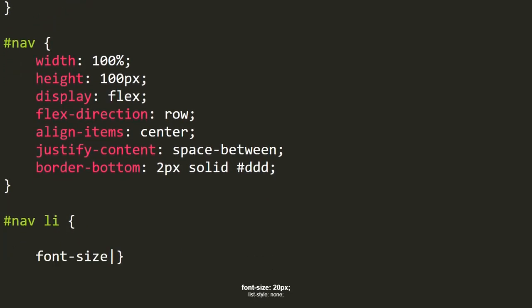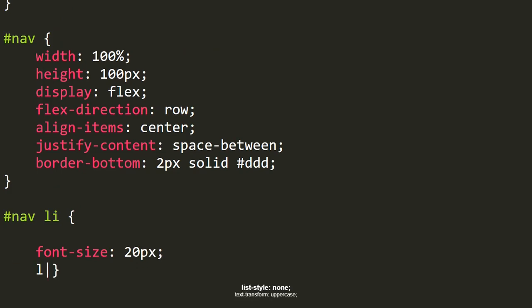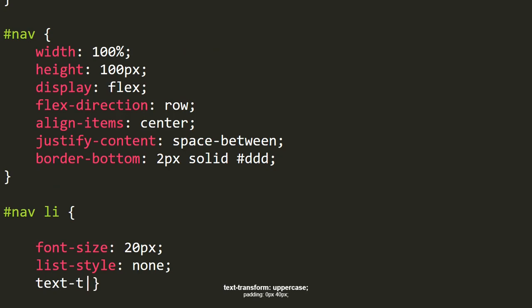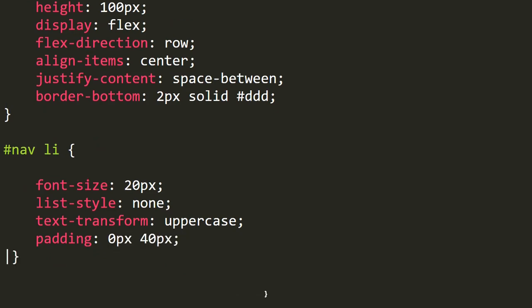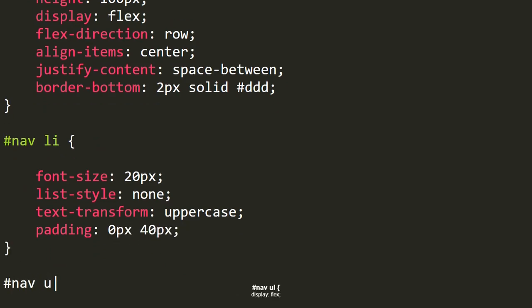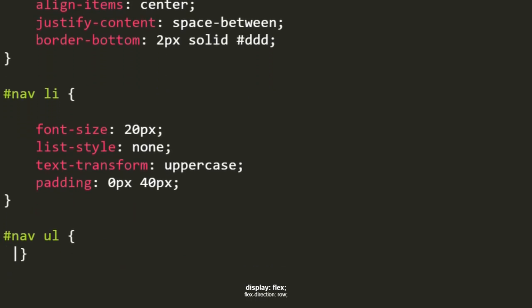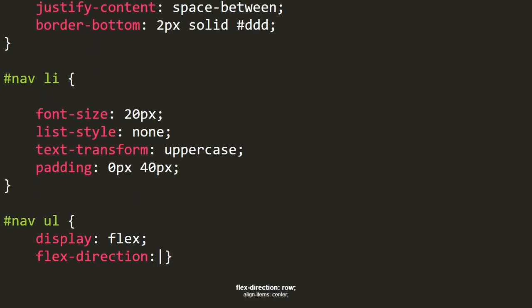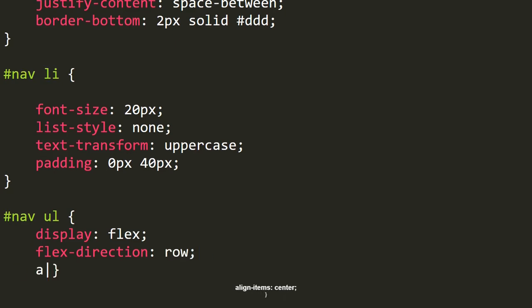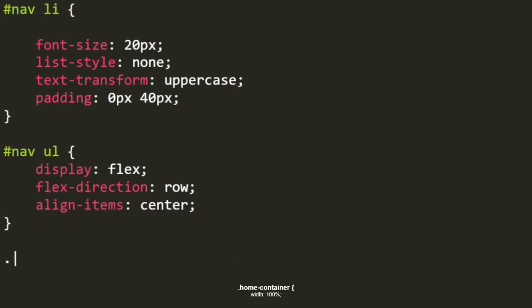Nav li, font size 20 pixels, list style none, text transform uppercase, padding 0 40 pixels. Nav ul, display flex, flex direction row, align items center.